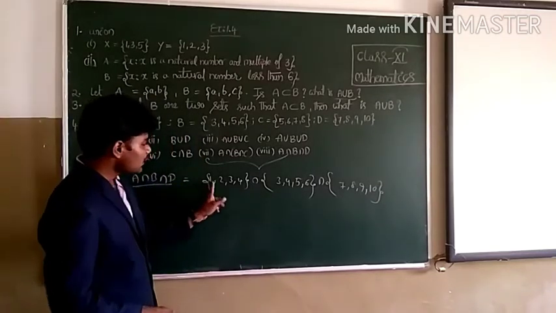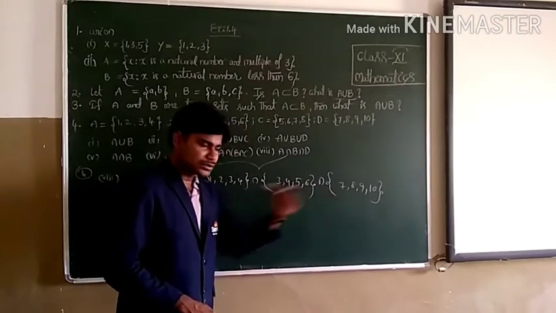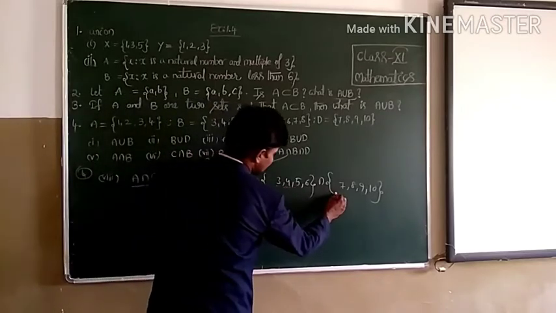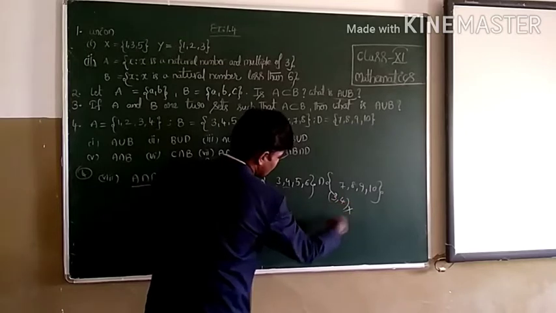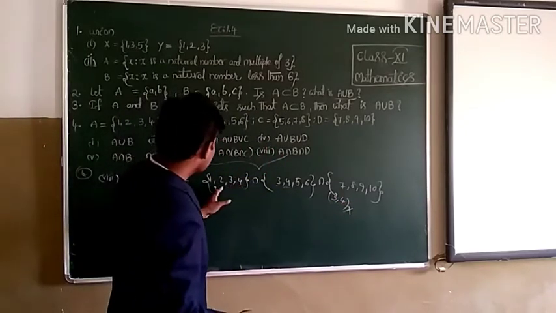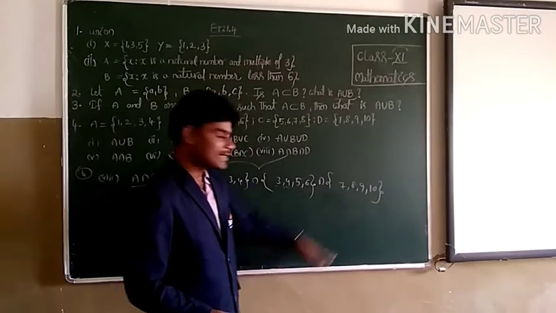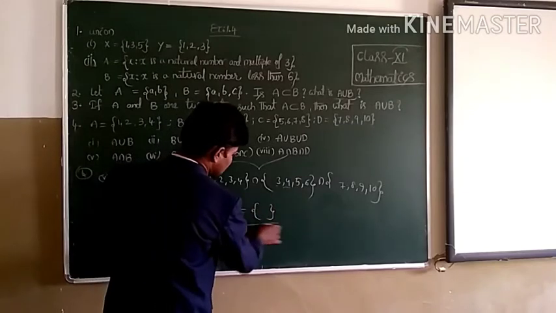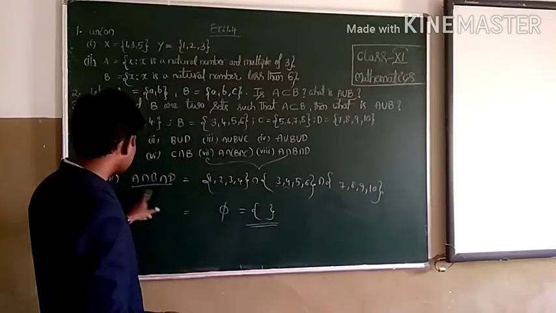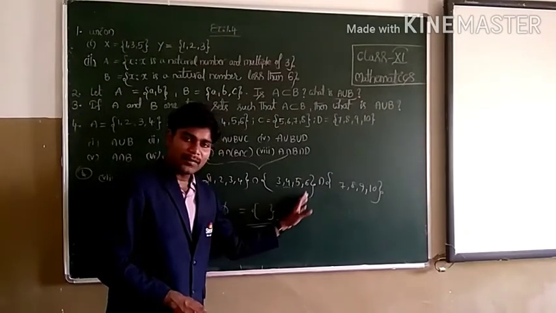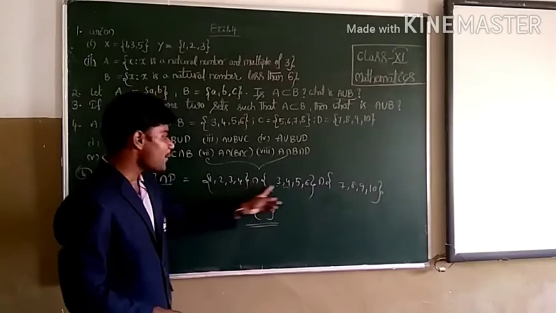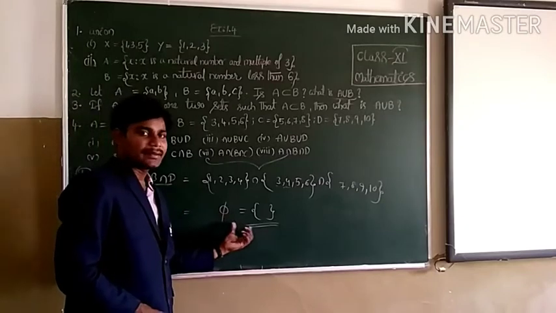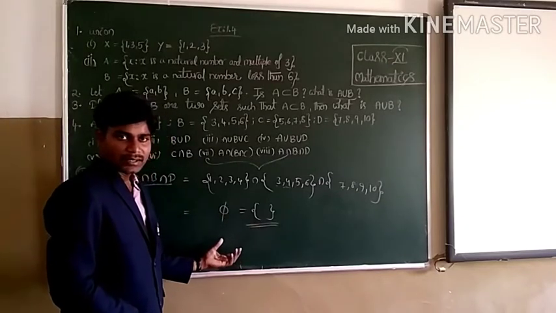Clear? 1 is not there in these 2 sets. 2 is also not available. 3 is available in this set, but in this set 3 and 4 are not available. So there are no common elements among these 3 sets, so you can conclude that the answer is phi, or you can represent it in this way also. For this we just have to identify the common elements among the 3 sets. There are none, so A intersection B intersection D is phi. There are no elements. Clear?